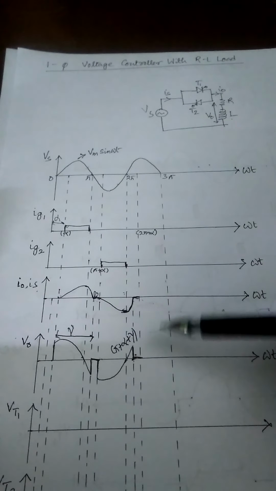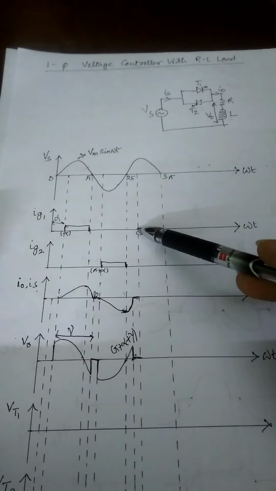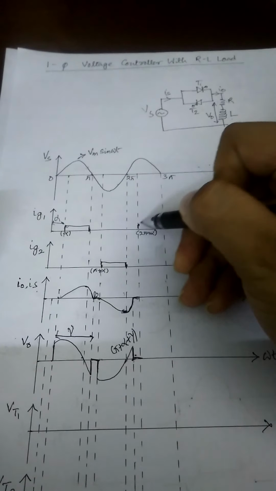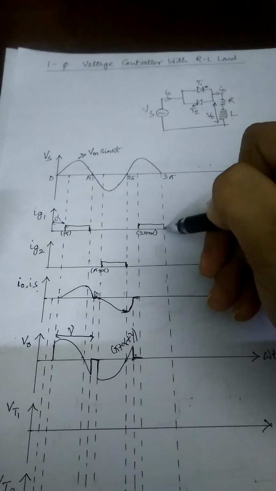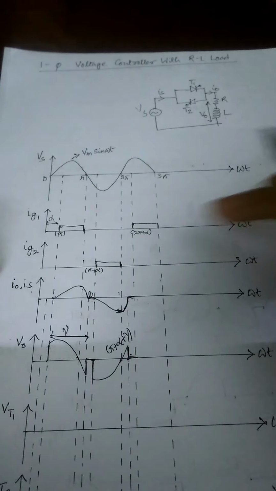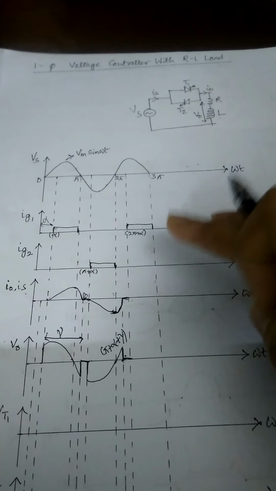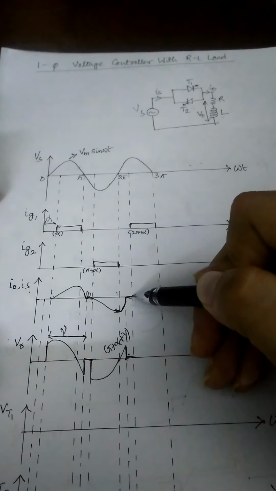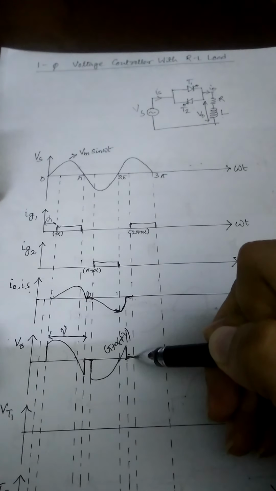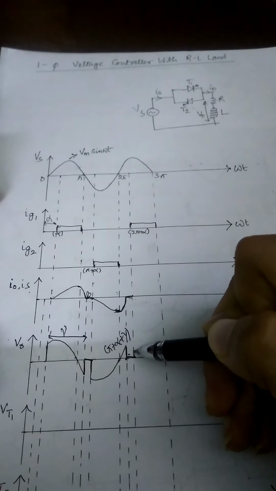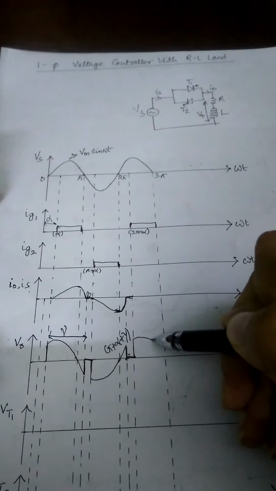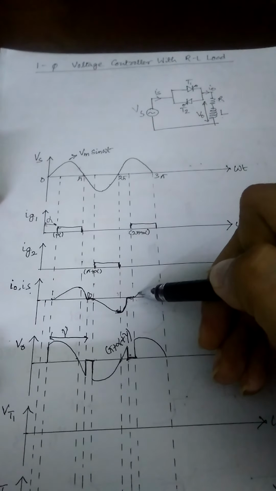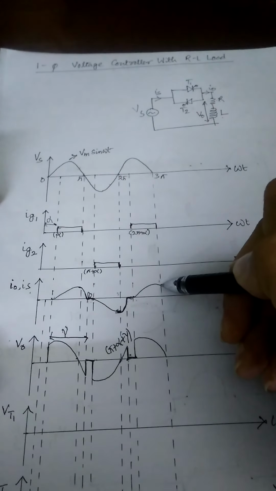Now at the 2 pi plus alpha point, the T1 thyristor is in conducting state, so we get the gate current Ig1 up to 3 pi, up to which the thyristor T1 is in forward biasing mode. As per that, the voltage waveform will be like this, and the current waveform will be like this.